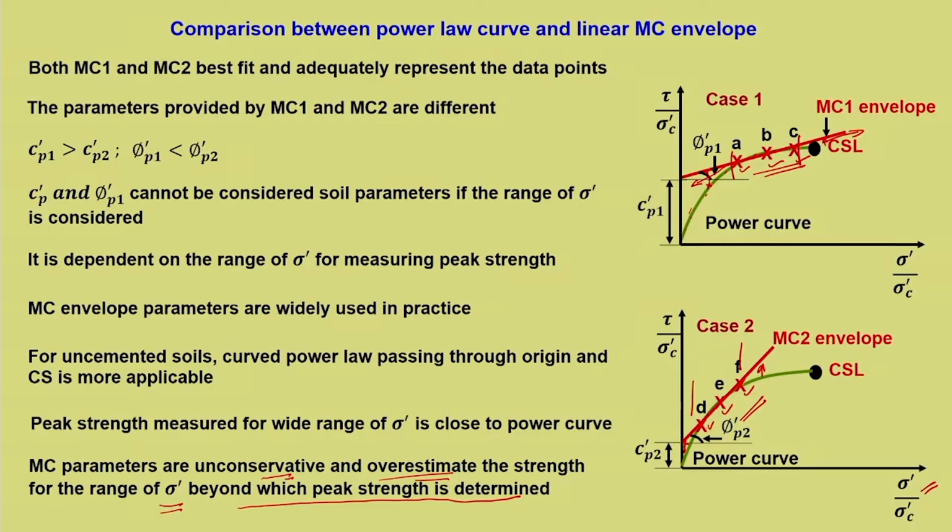For a designer, this is not good. For the range for which sigma dash is determined, if the same confinement is there in the field, then whatever we are telling is correct. That is why we have not discussed these aspects in detail during our UG learning. There it is presumed that the peak strength values we determine correspond to the given confinement in the field.